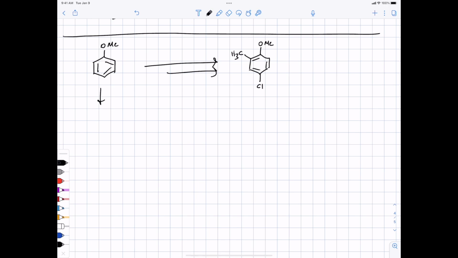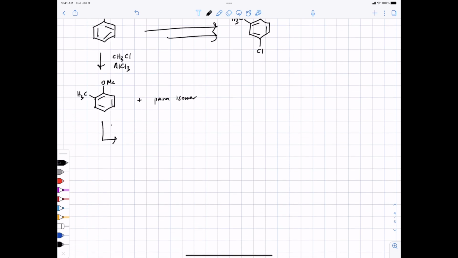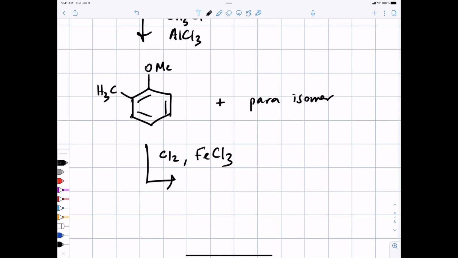Option one is you want to add the methyl group first. That's Friedel-Crafts alkylation. I'm going to get a mixture of ortho and para products. That's the best I can do, so I'm just going to add plus the para isomer. Now, at this stage where I want to add the chloro group, methoxy is going to prefer substitution ortho and para to it.